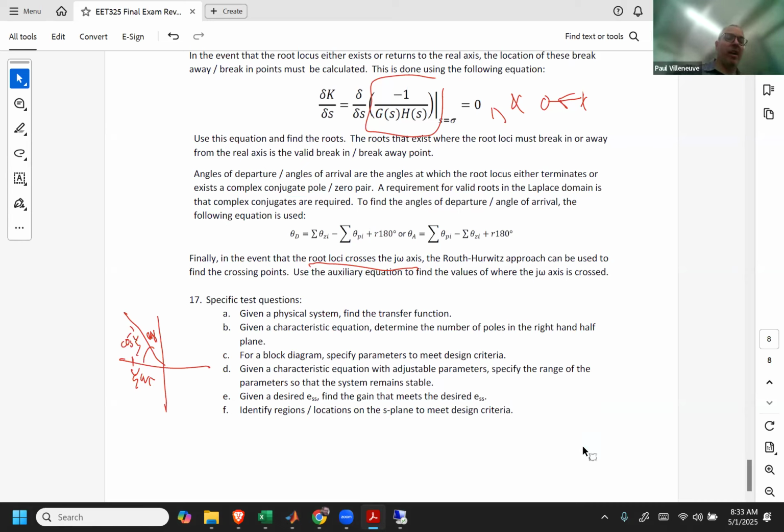Remember how we talked about for second order systems, the 2% settling time is 4 over zeta omega sub n. That's because this is the real part. So being able to understand, hey, I want to settle within 5 seconds or 50 seconds, picking your value of zeta omega sub n. I want to make sure that, for example, I have a percent overshoot that doesn't exceed a certain value. So knowing where in the plot you would pick those, again, as design criteria, that's what we're looking for in that last problem.